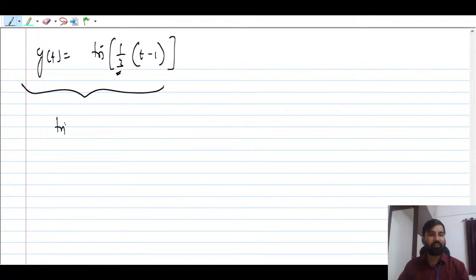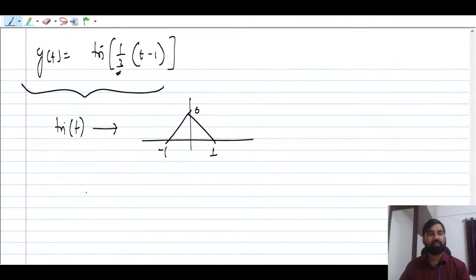Suppose you know triangular of t. Triangular of t is nothing but it has got support from minus 1 to 1, and the peak is 1, not 0, I had written it wrong. Now you shift it, so it is going to be shifted, t minus 1.